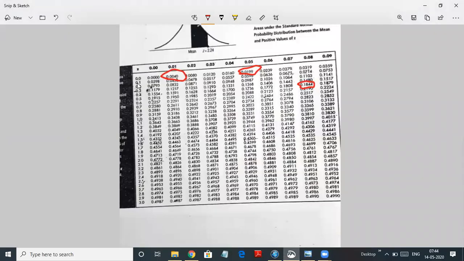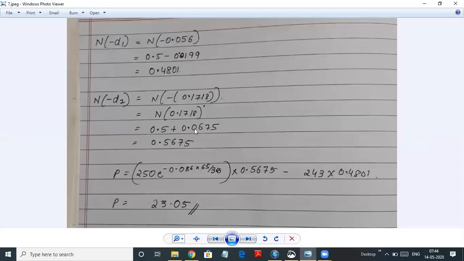So 0.1 here, and we have to go up to 7. So this is the value 0.0675. See here, this one. So we take this value 0.0675. So 0.5 plus 0.0675, because this has become positive now, minus into minus. So it's 0.5675. Now we have n minus d1, n minus d2 values.